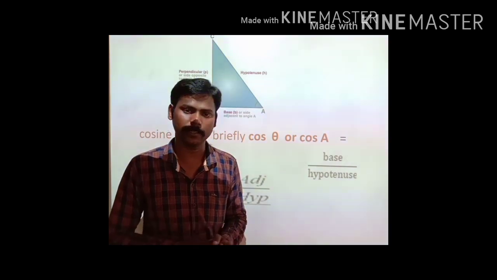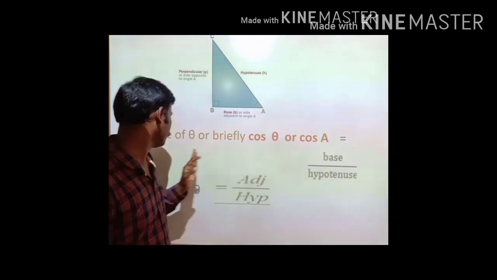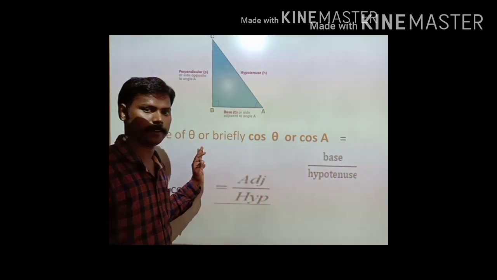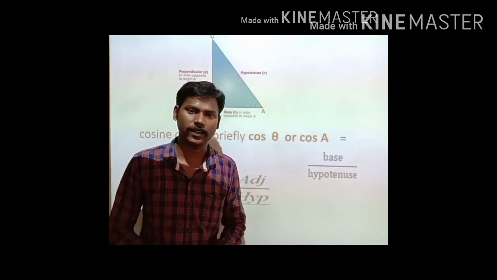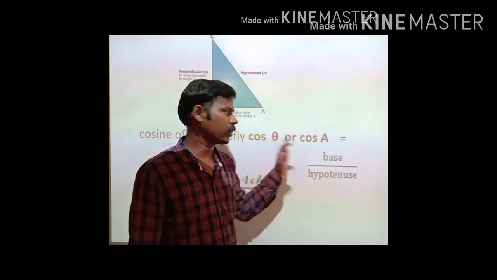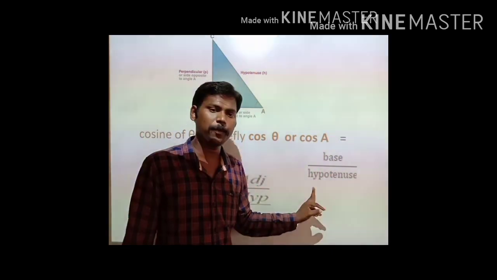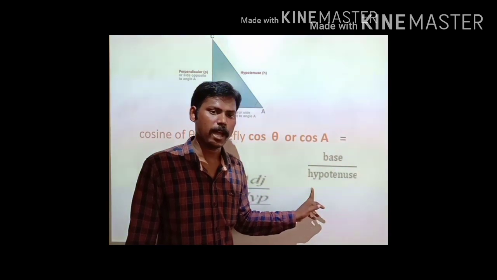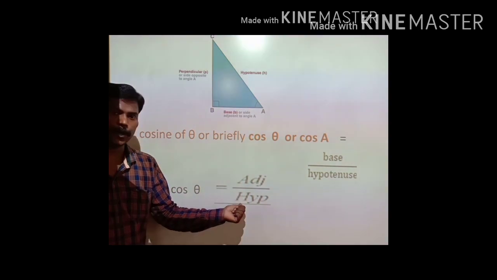The second one is cos theta, full form cosine of theta, or complement of sine theta. How to define it? Cos theta or cos A is equal to base by hypotenuse.